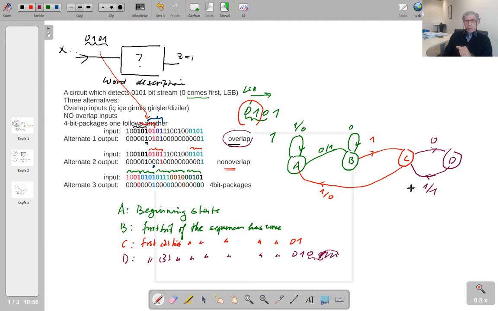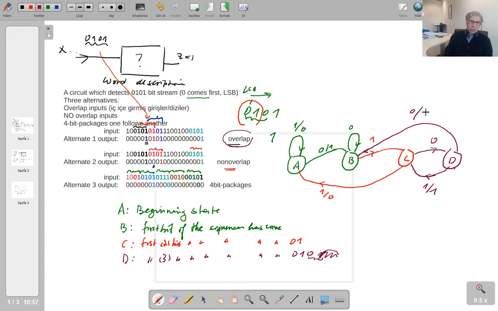When 0 comes, what happens then? You are in this state D, 0 came in. That means that's going to be the first bit of your sequence, isn't it? So you're going to come to that state B. So when 0 comes, you're going to come to this.